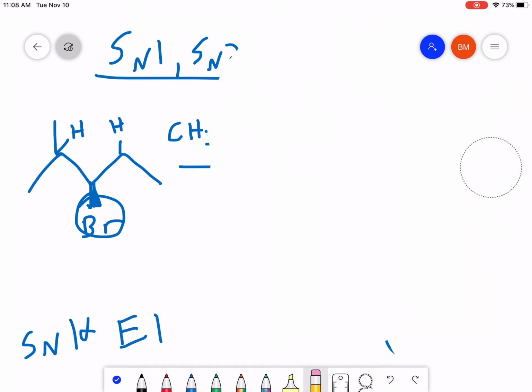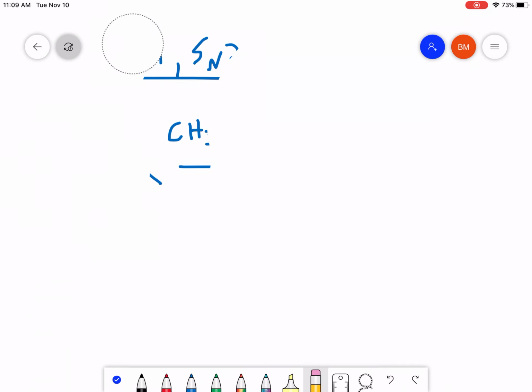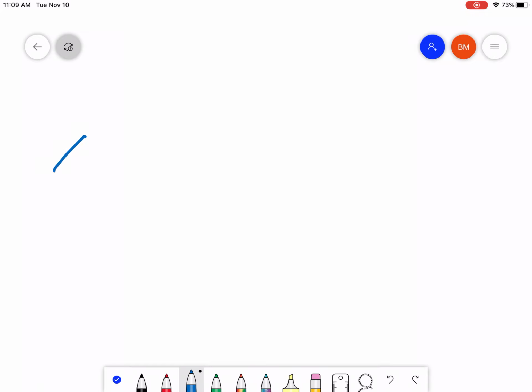I'll just erase everything. What if you had something like this? Well, heck, let's just do that same one, except let's change the conditions a little bit.